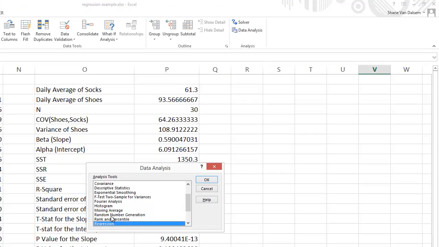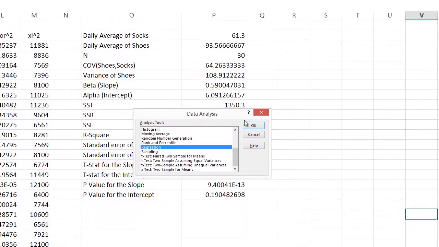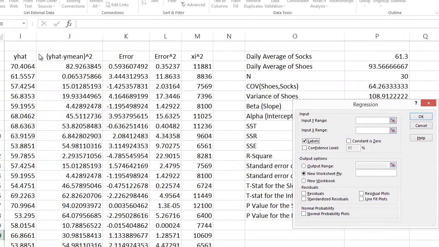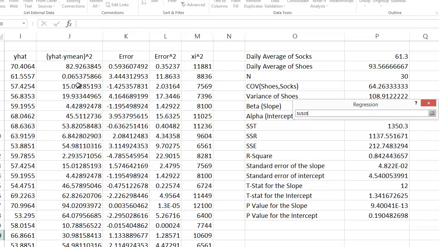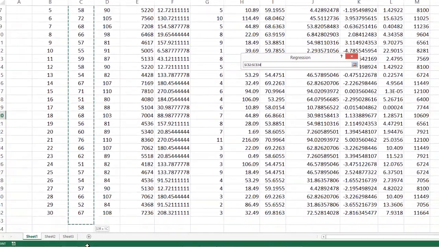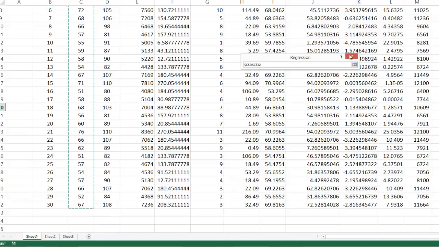Now I'm going to go to Data Analysis. You see here there's a lot of different options for data analysis. I'm going to select Regression, press OK. I'm going to select Labels, and because I selected Labels, I'll highlight the labels for each of my variables too. So my Y variable is going to be socks, and again I selected the label socks.